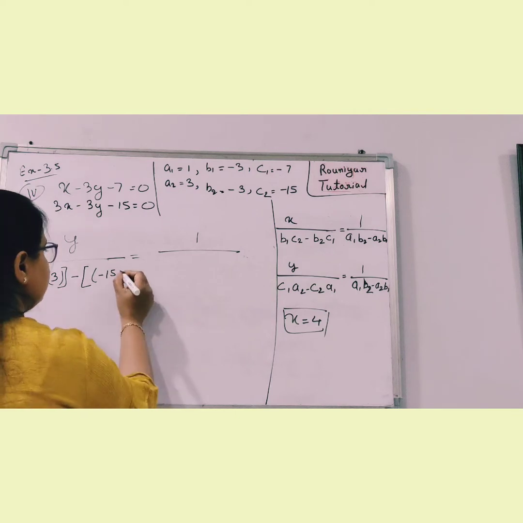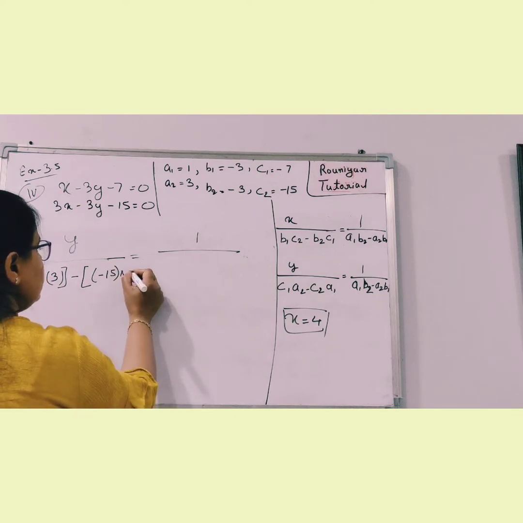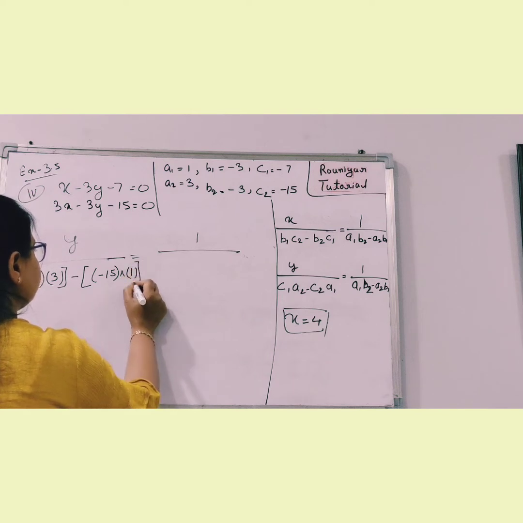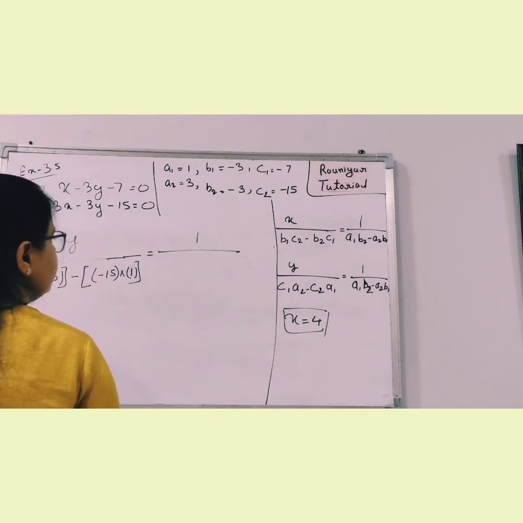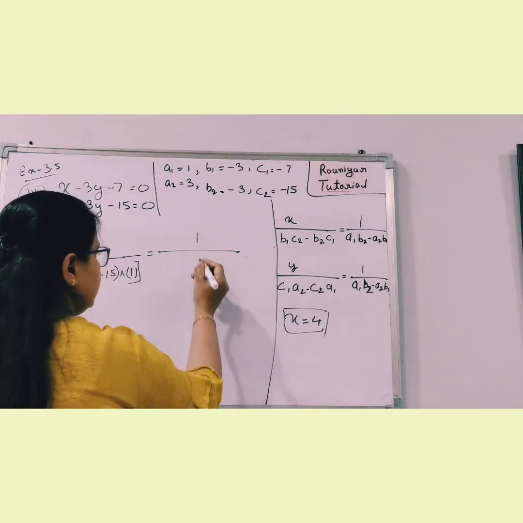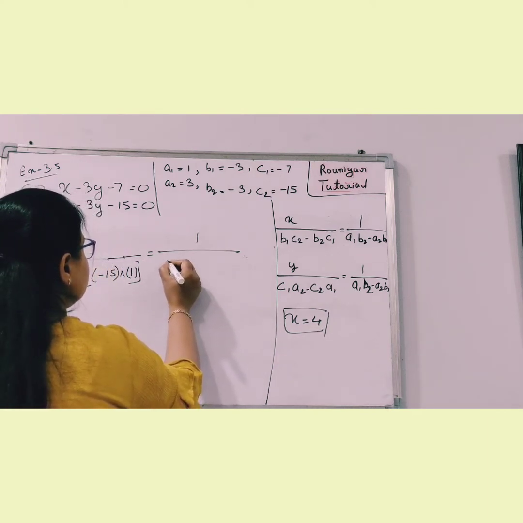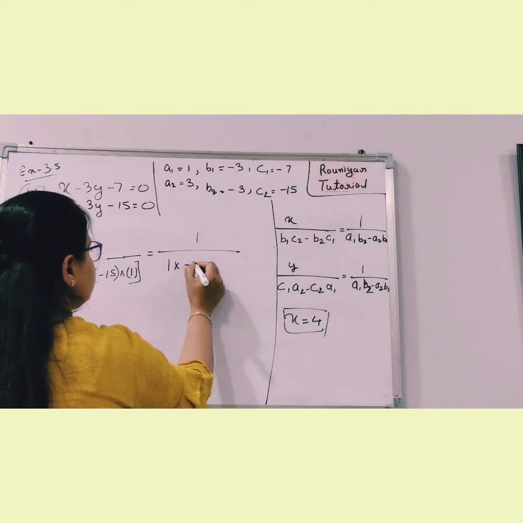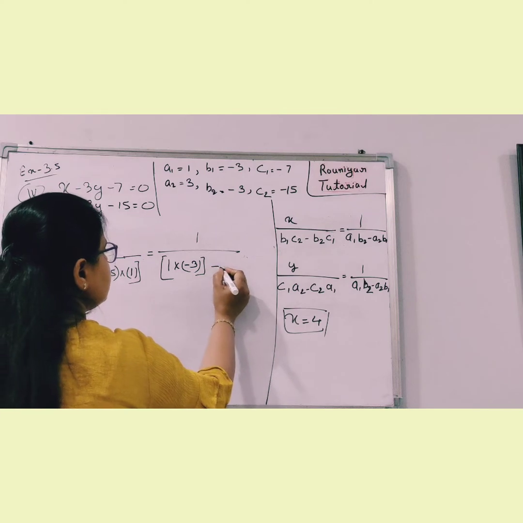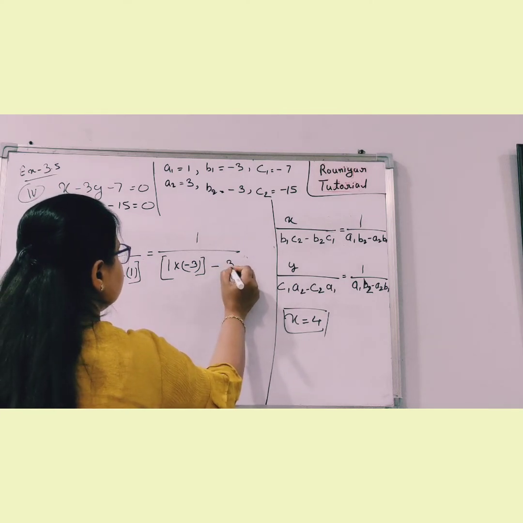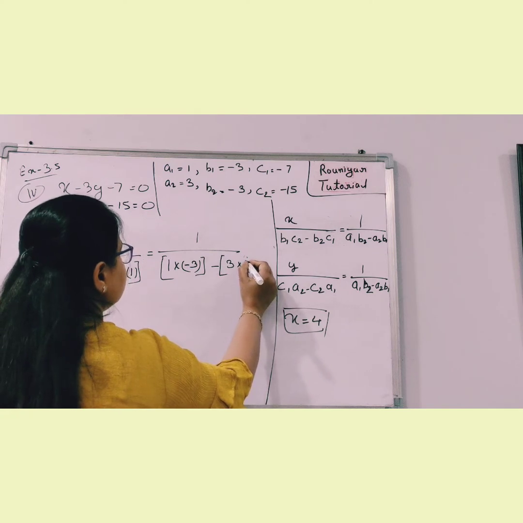Okay, c2 is minus 15 into a1 is 1. Now, 1 by a1 b2. Here a1 is 1 into b2 is minus 3 minus a2 is 3 into b1 is minus 3.